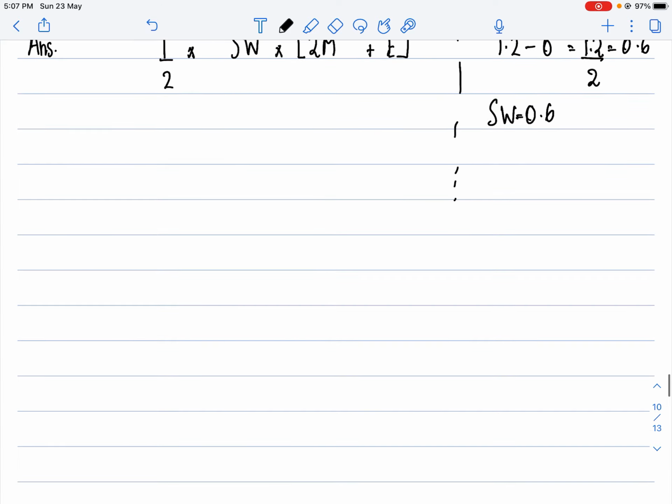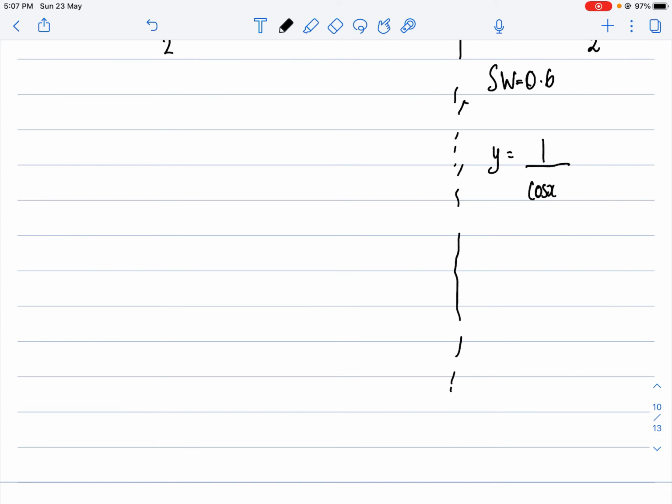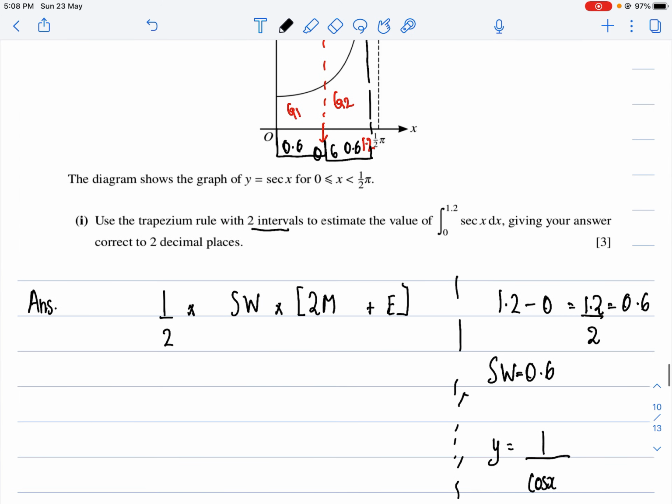Now I need to calculate the middles and the ends. I know y equals sec x is basically 1 over cos x. In radian mode, my critical x values are 0, 0.6 and 1.2.